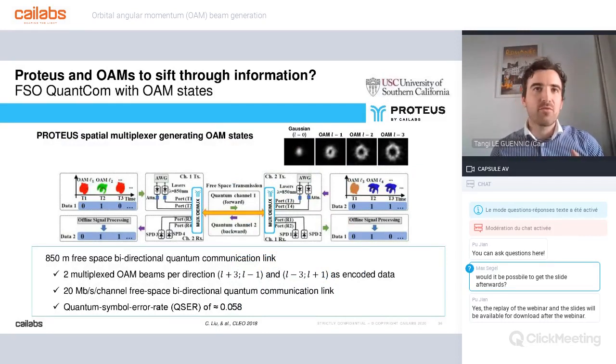The second example is really interesting too. It's still a telecommunication experiment from the University of Southern California. It's still close to the free space optical laser communication, but in this case, they decided to use OAM beams for quantum key distribution.